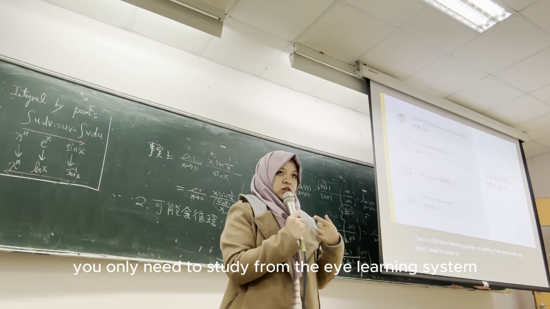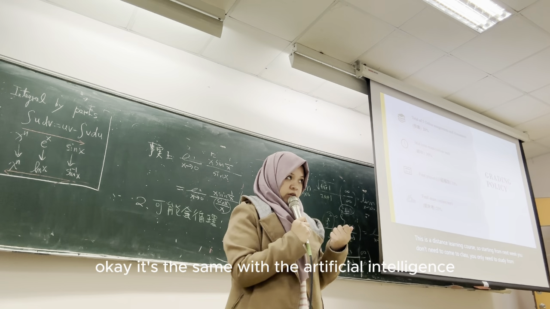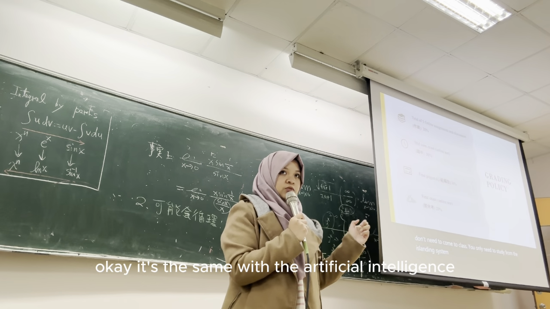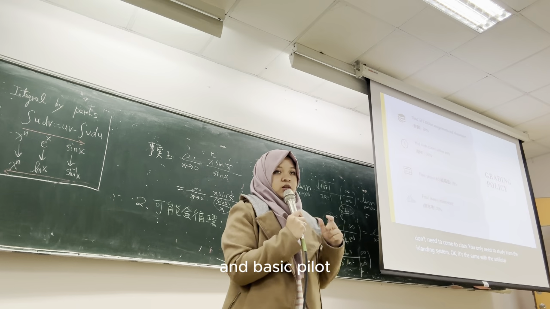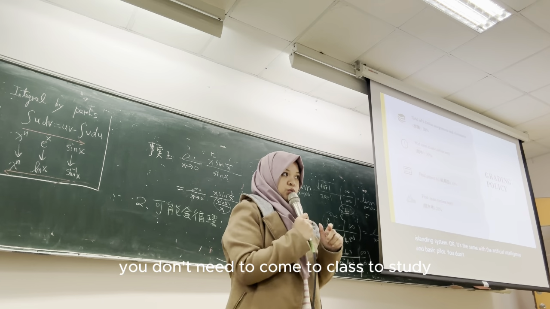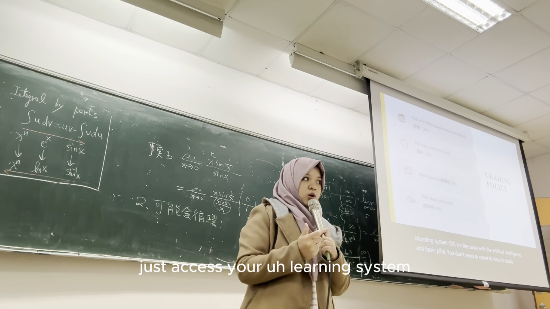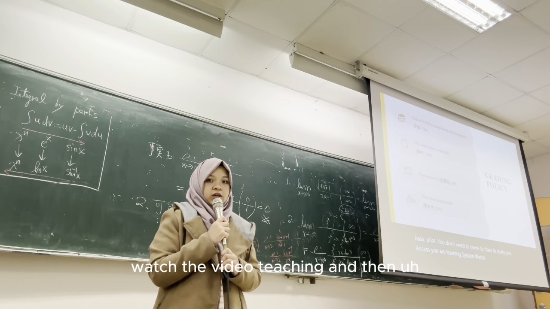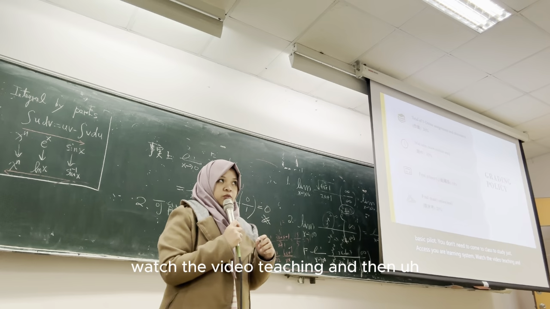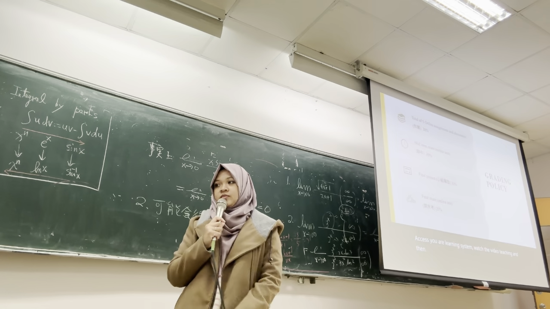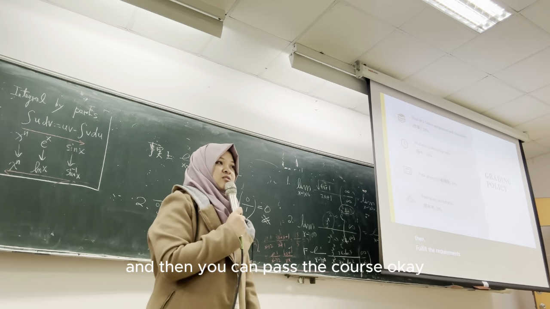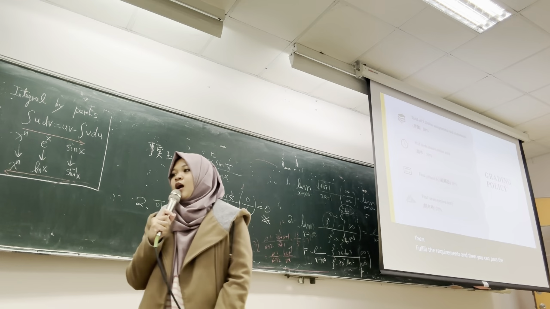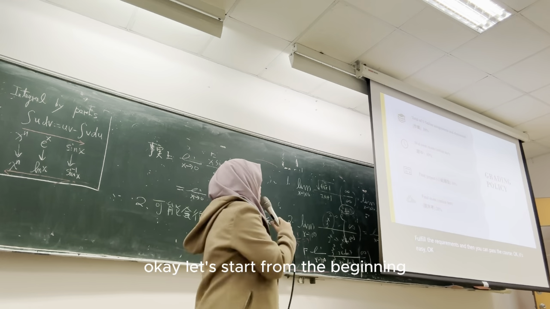You only need to study from the iLearning system, the same as with artificial intelligence and basic Python. Just access your iLearning system, watch the teaching videos, and fulfill the requirements, and then you can pass the course. It's easy.